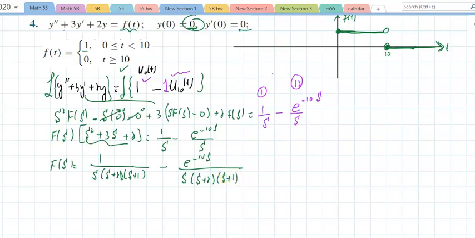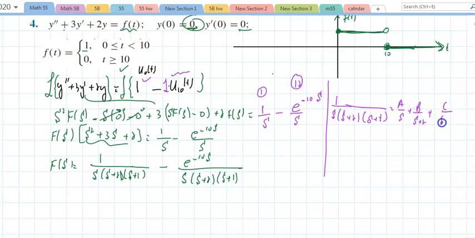So again, the tricky part in all of these sections is how quickly can I figure out the partial fraction decomposition of such a fraction. That is a over s plus b over s plus 2 plus c, and of course you could put those in any order, it doesn't matter. Well, if I clear the fraction, guess what?